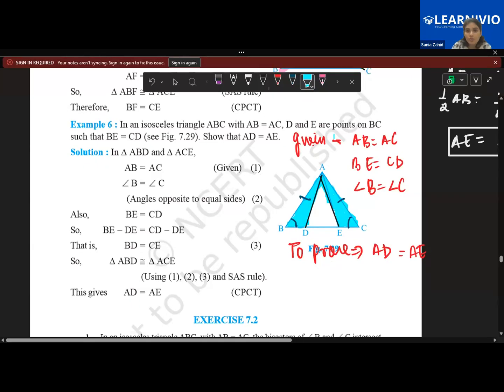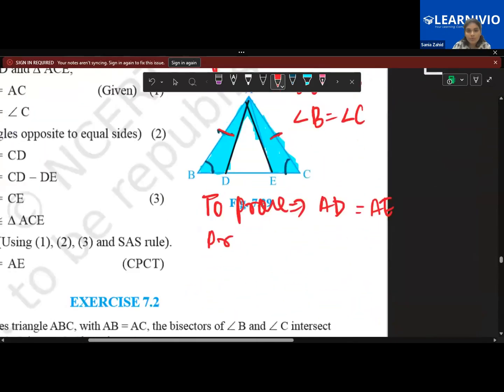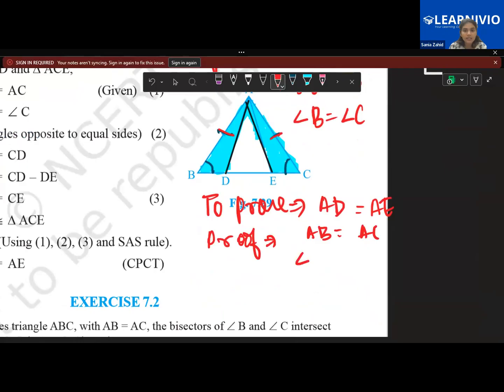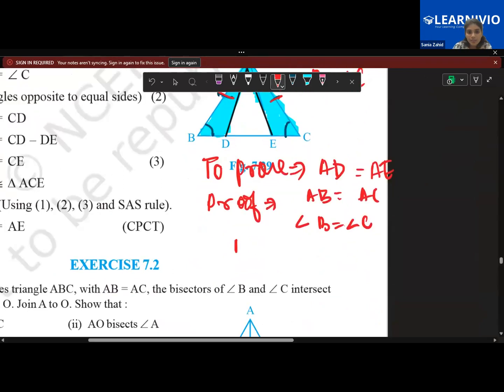Yes, so now children, see, this side is equal to this side, already given. So proof, how will we write? Proof: first of all, AB is equal to AC, side is equal. Then angle B is equal to angle C. One angle is equal. Now, children, I have BE and CD equal.